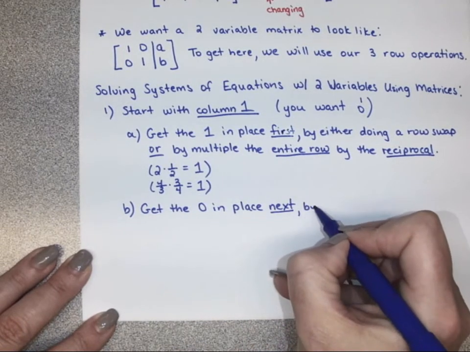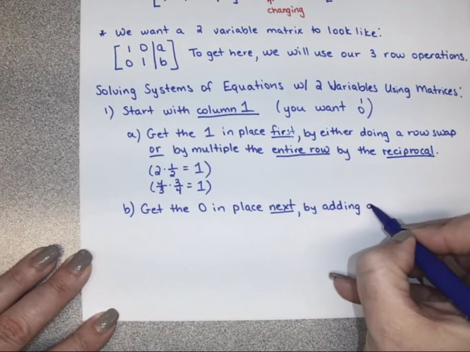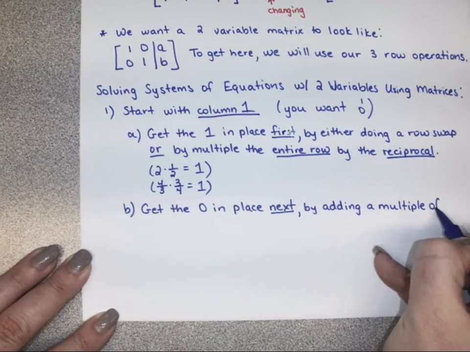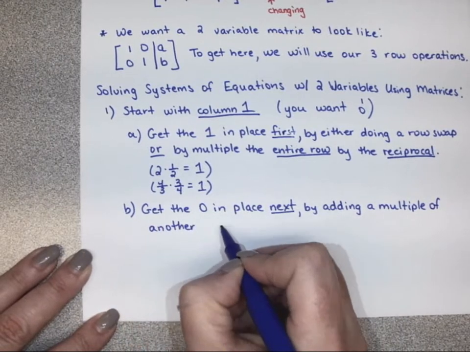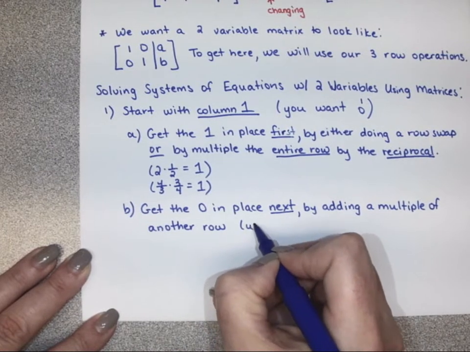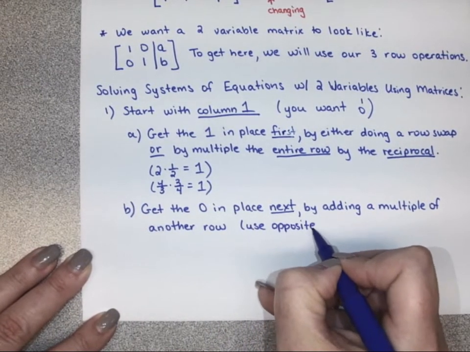And you're going to do that by adding a multiple of another row. And to do this, you're going to use the opposite sign. And I'm going to give you a couple of examples of that real briefly.